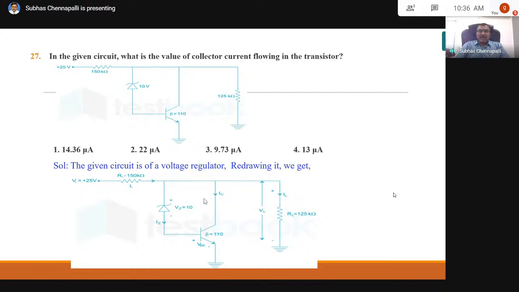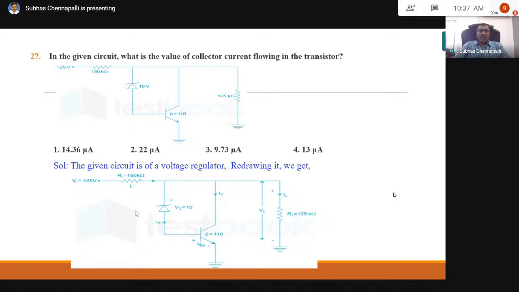But compared with the current flowing through the transistor, IC, the current through the Zener diode is very, very minimal, and the question does not give it, so comparatively it is a very small current and I don't consider this IZ. So I will take I1 is equal to IC plus IL. Finally, I have to calculate IC. If any current were given through the Zener diode, I would have considered it. It is neither given nor is there any data to calculate it.